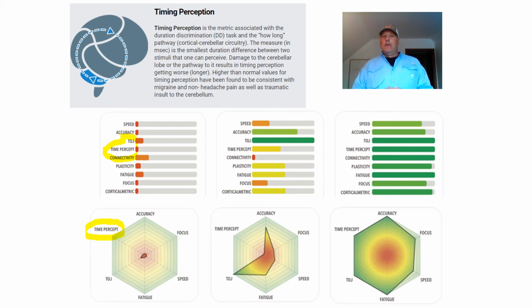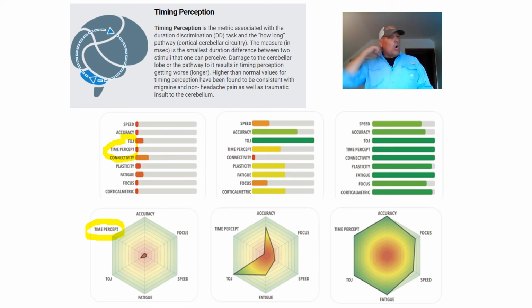the higher your timing perception score. Now, timing perception has a lot to do with the cerebellum. That's the back of the head. And if you get whacked in the back of the head, you may have a little trouble with this. Parkinson's patients also have trouble with this. A lot of other neurodegenerative disorders have trouble.